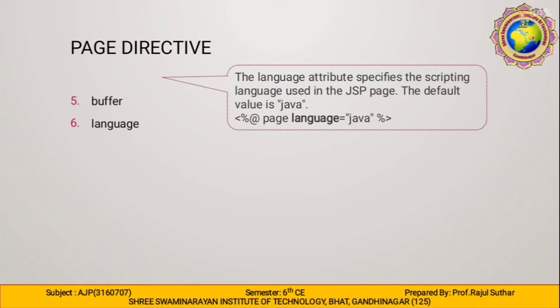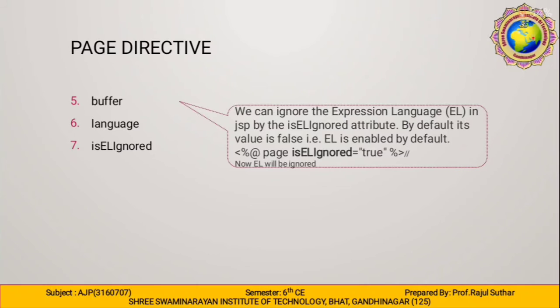Language. The language attribute specifies the scripting language used in the JSP page. The default value in JSP is Java, that is the page directive page language is equal to Java. Next is isELIgnored. So we can ignore the expression.